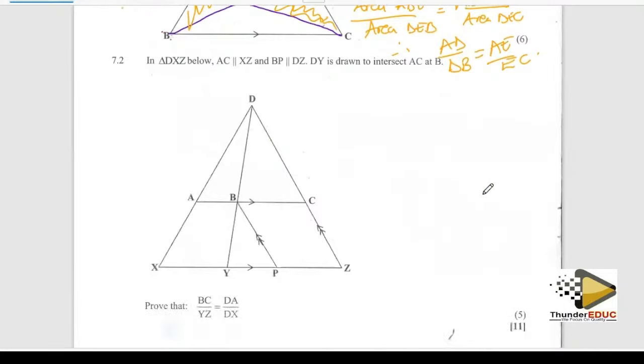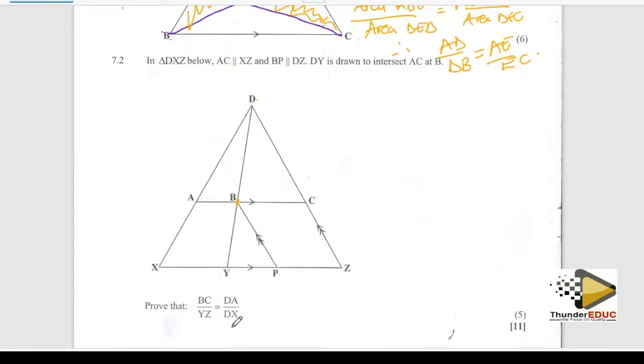7.2. In the triangle DXZ, AC is parallel to this, BP is parallel to that, and it's drawn to intersect AC at B. Can we prove that BC over YZ is the same as DA over that?